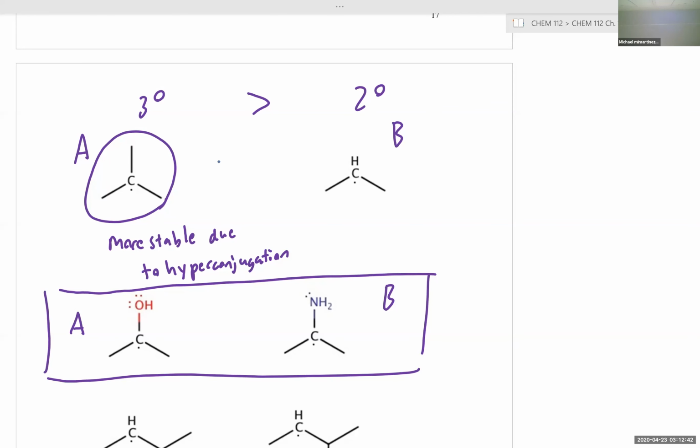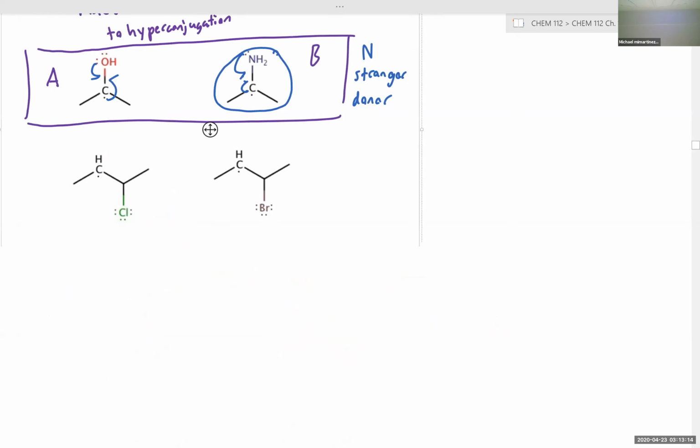I see a few people typing B. That's perfectly correct. In terms of electron withdrawing effects, nitrogen has a weaker electron withdrawing effect and a stronger donating effect. Yep, so B is perfectly correct.